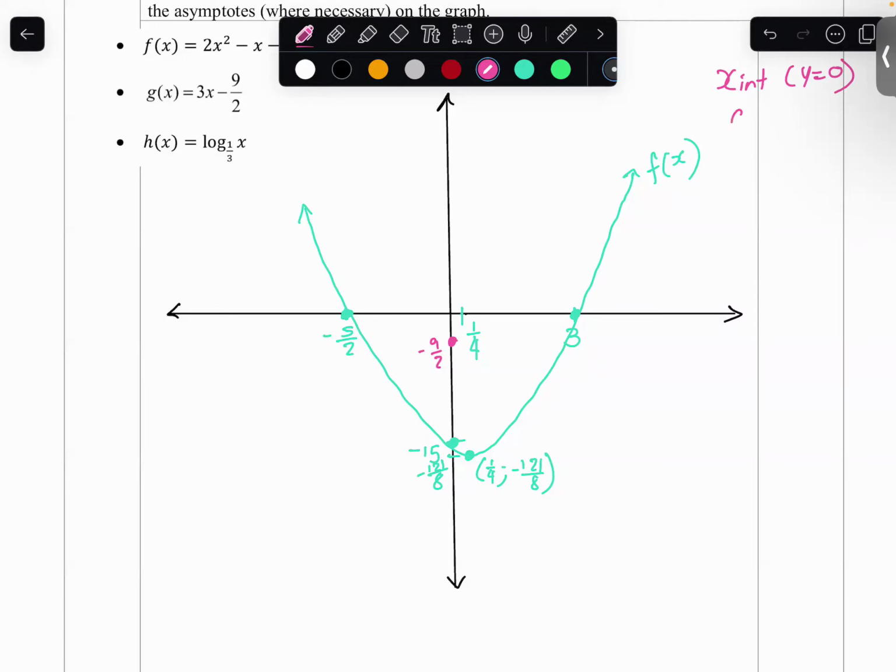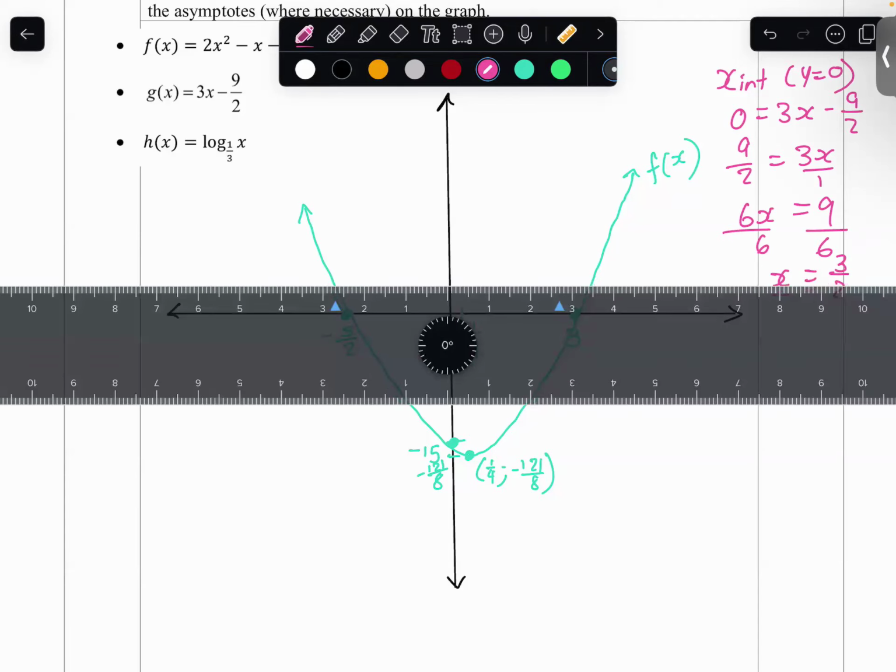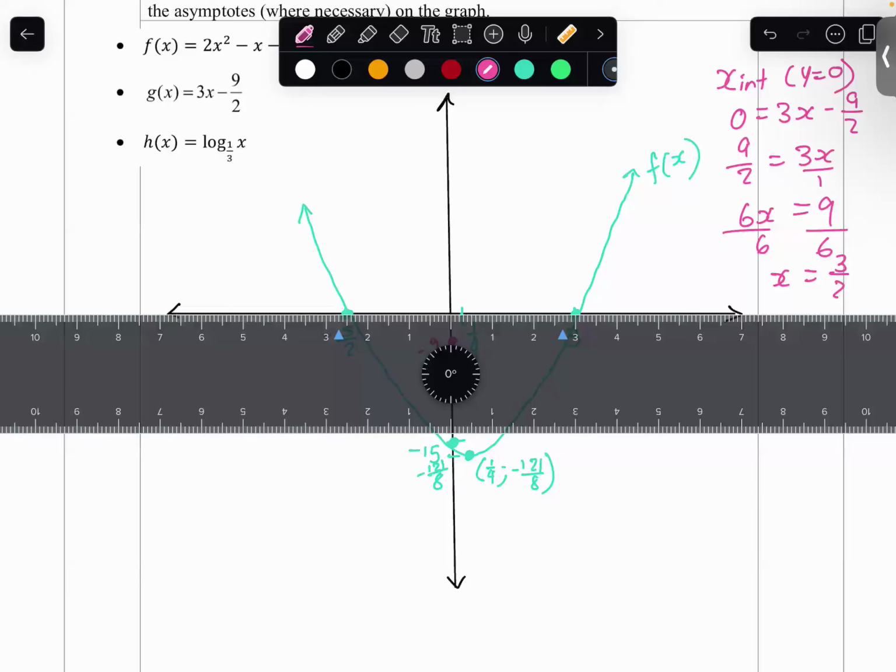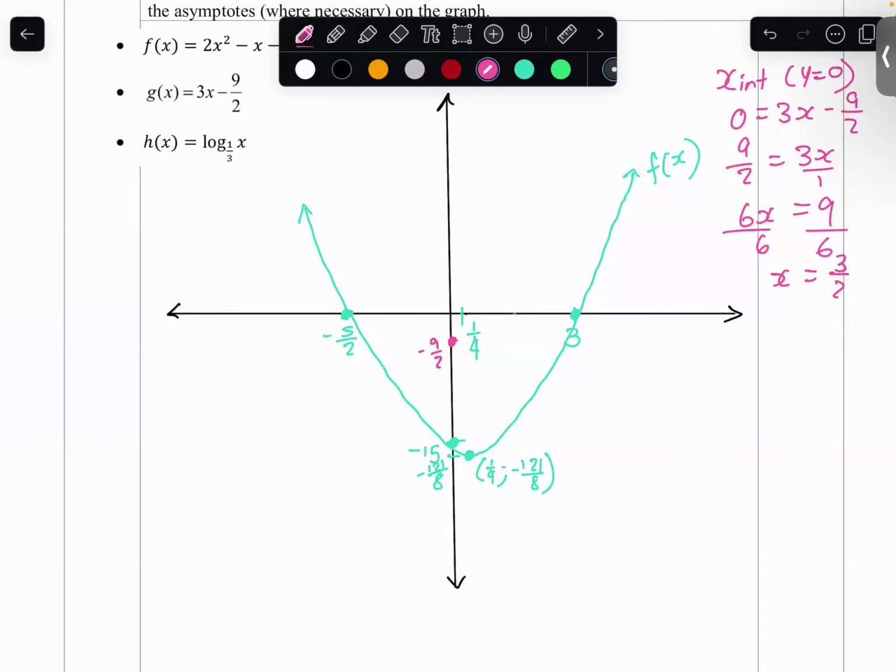So to make y equal to 0, that's 3x minus 9/2. I'm going to take that over. That's 9/2 is equal to 3x over 1. Cross multiply, that gives me 6x is equal to 9. Divide both sides by 6. x is equal to 3/2, which is 1.5. So 1.5 is there.